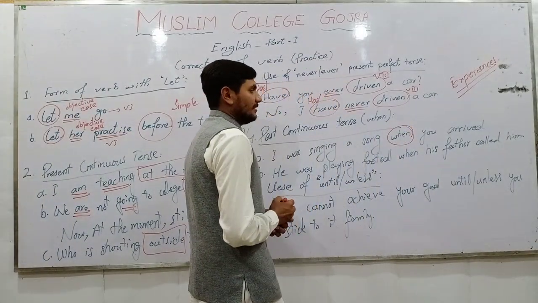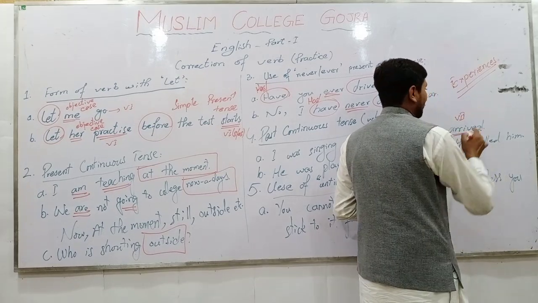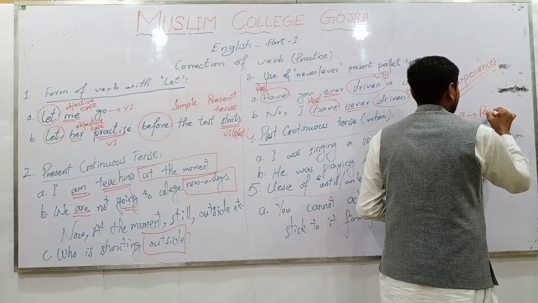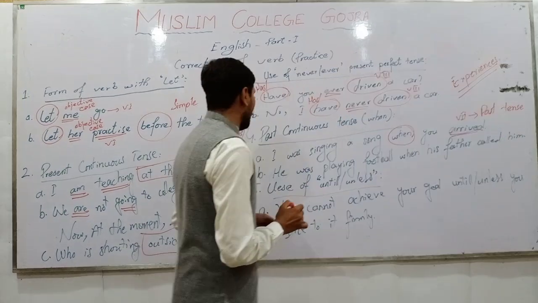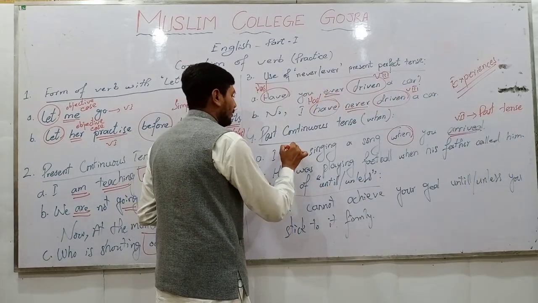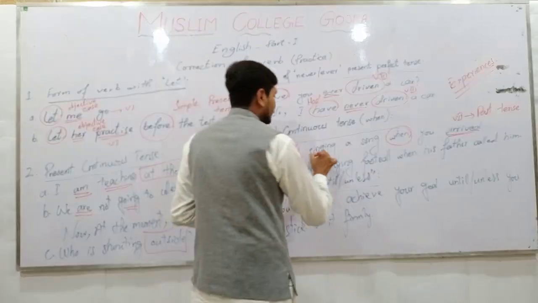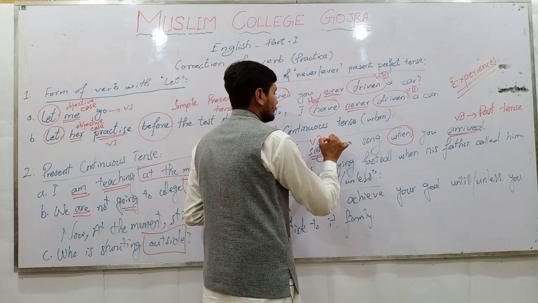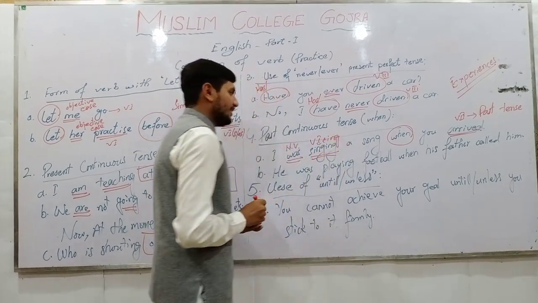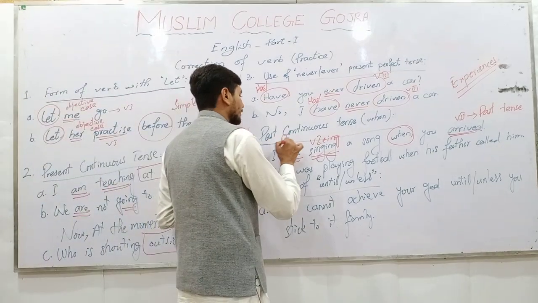One clause is in verb's past form, that is past tense, and the other clause is in helping verb, past helping verb was or were plus verb's present form plus ing, that is present participle, and it is past continuous tense.